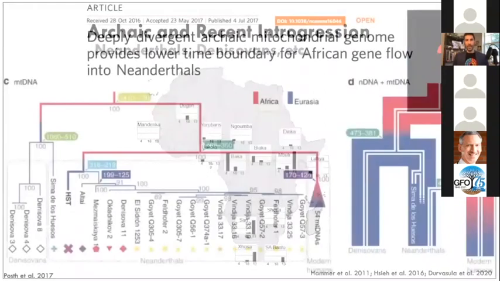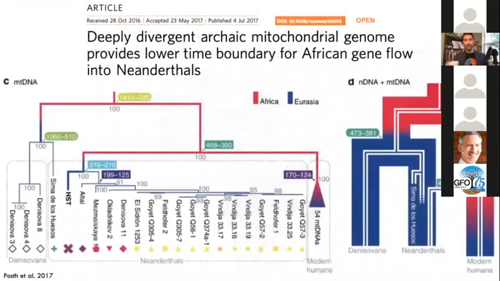So here's the really interesting thing we learned from mitochondrial DNA. Back in 2016 and 2017, a couple of research groups showed that there was this admixture event, not from Denisovans or Neanderthals into modern humans, but rather from pre-modern humans, the humans that led up to us, about 380,000 years ago.